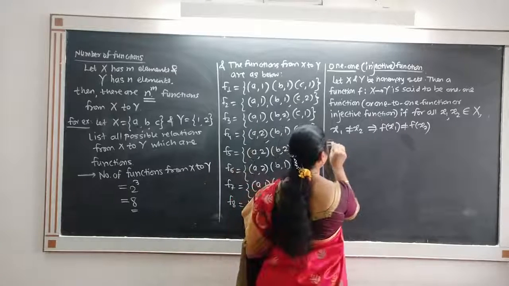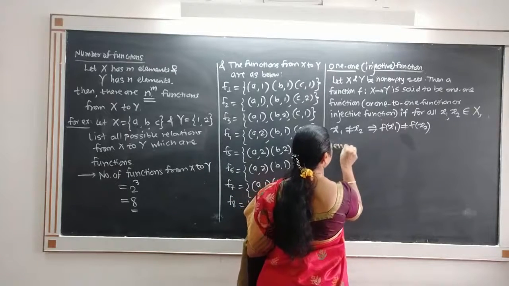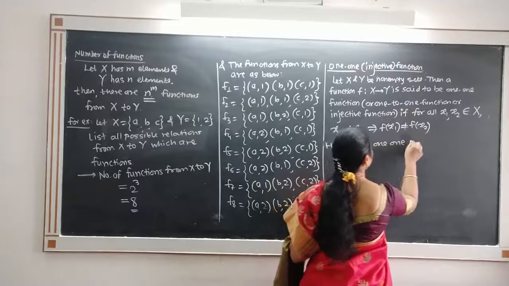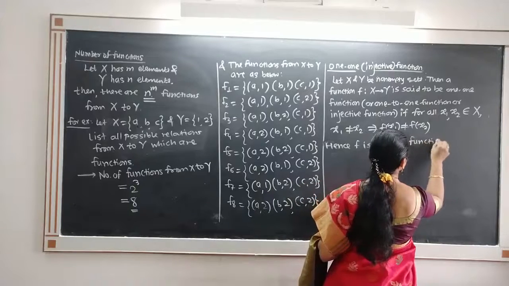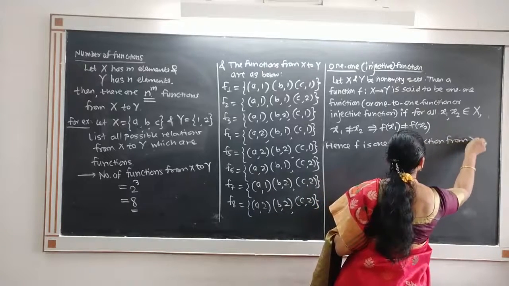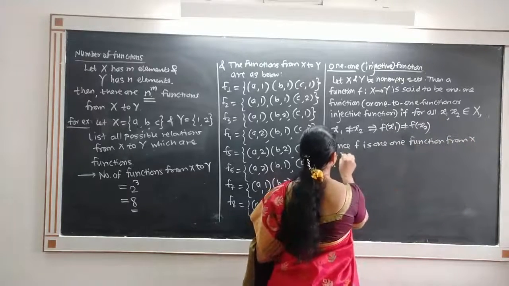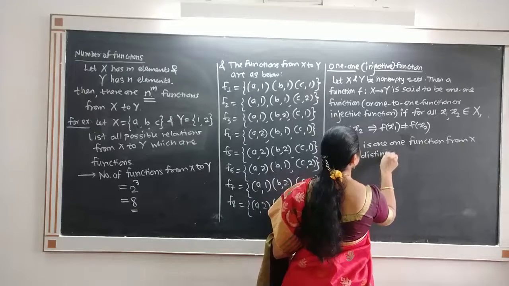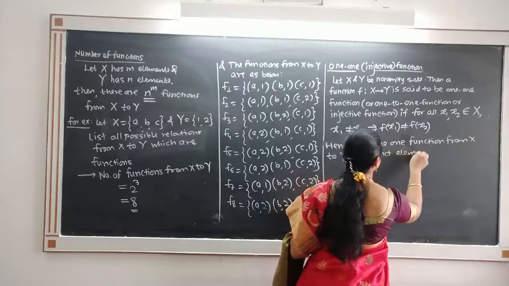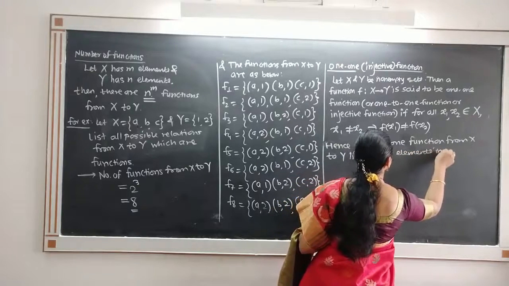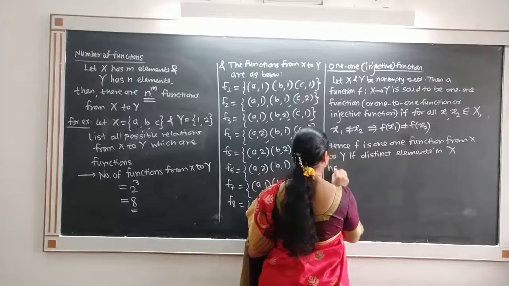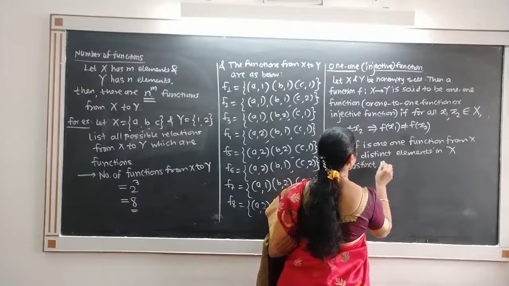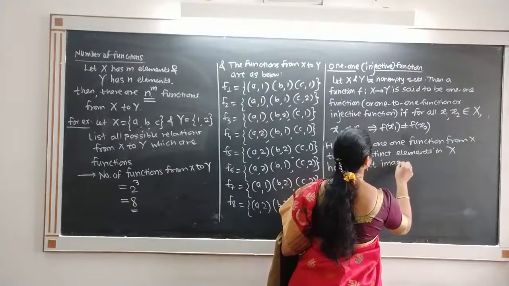So, this implies that f is a 1-1 function from x to y if distinct elements in x have distinct images in y.